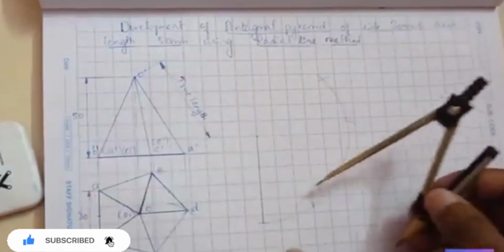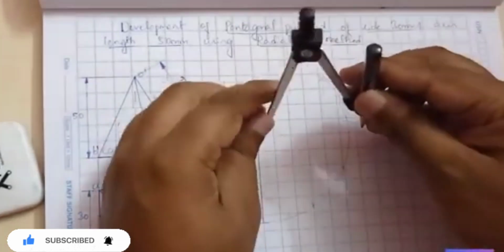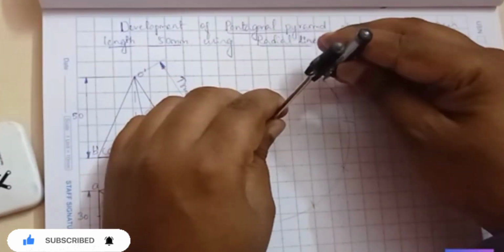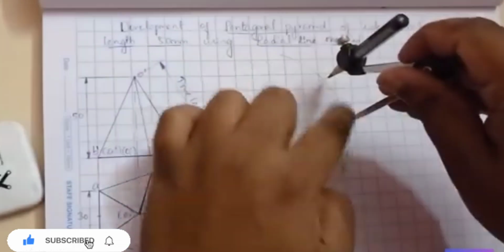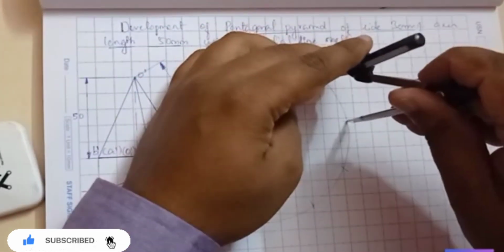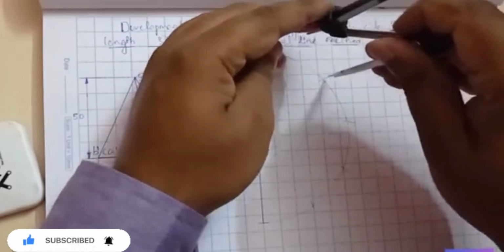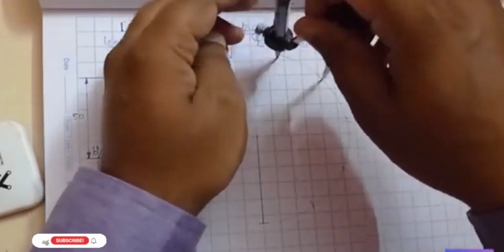Okay, so 1 2 3 4, another line, so total 5 faces. We can extend it. Okay, so 1 2 3 4 5, so totally 5 faces we get here.